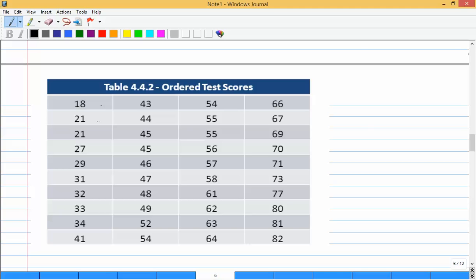Let's find the 10th percentile. If we want to find the 10th percentile, L equals, this is 40 data items, so 40 times 10 over 100.